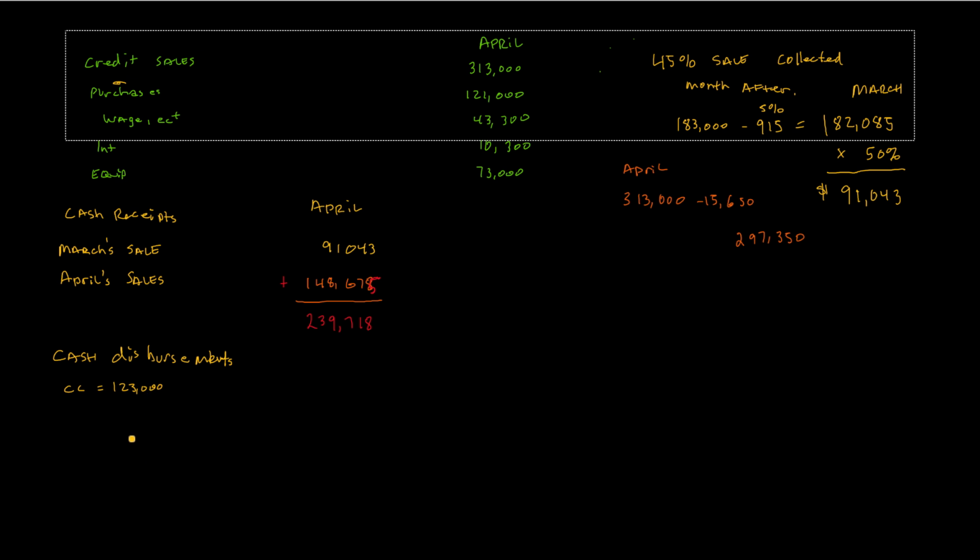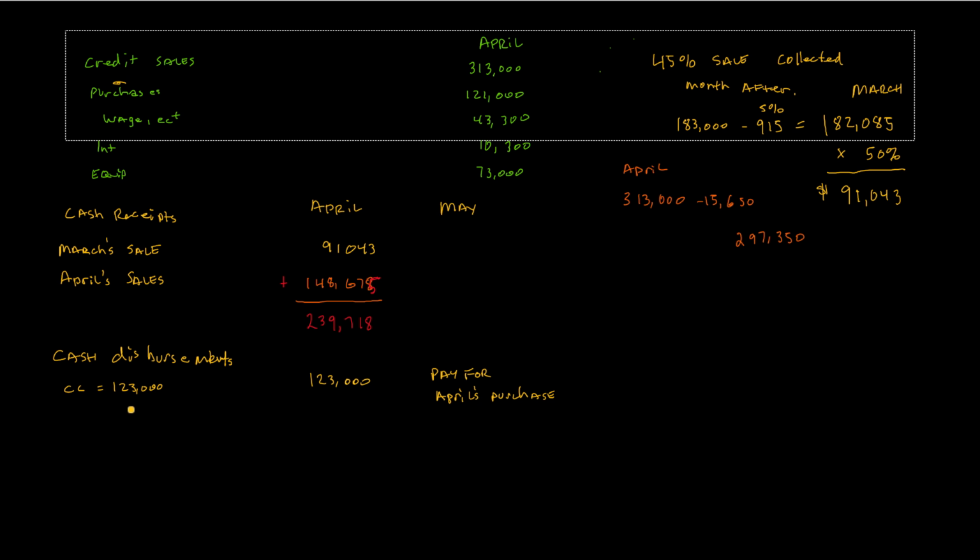So if in March I had $123,000 in credit card purchases, I'm going to pay those in April, the following month. In May, we would pay for April's purchases, and so forth.